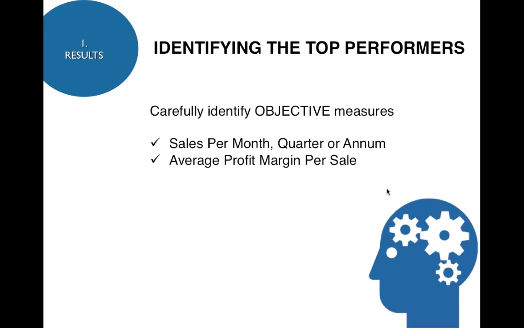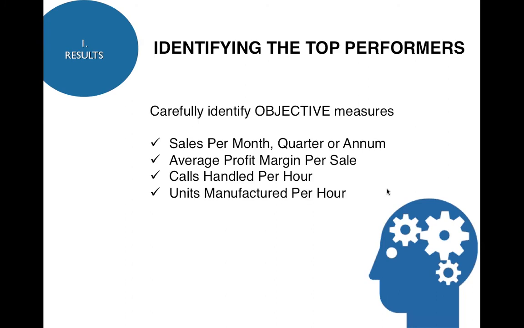And you could also use the average profit margin per sale that they have closed. If you are in a call center situation, for example, you could use calls handled per hour. And if you are in the manufacturing sector, units manufactured per hour. And of course, the supervisor and manager's rating, which differs from one company to the other.